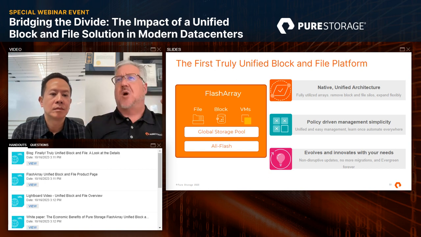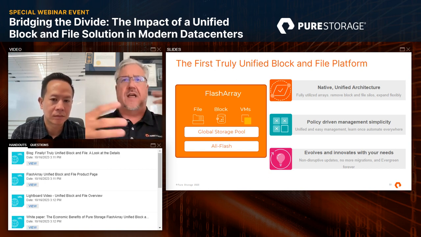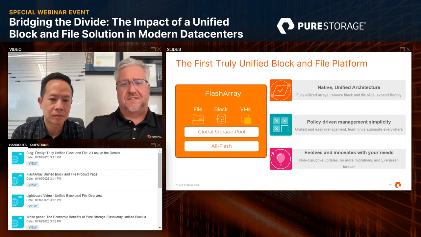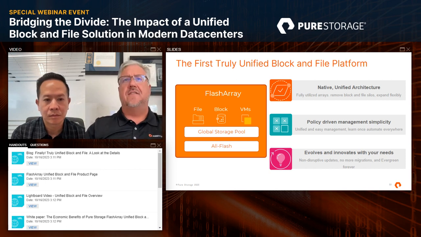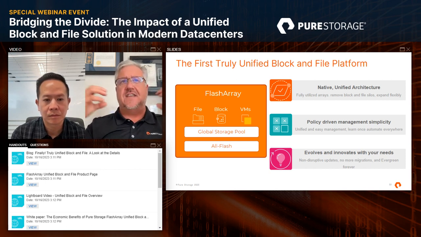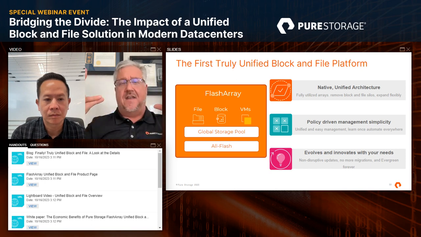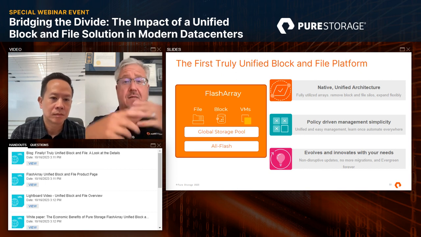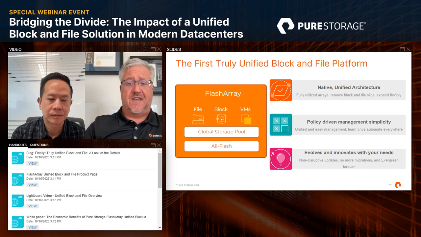And the best part is that our goal is if you can manage it on-prem, you can manage it in the cloud, all from the Pure ecosystem itself. So unified to us, to summarize real quickly, is the idea that block and file exist as equals on the storage array, and it's all provisioned from the same interface, and underneath of it, we share the same storage resources, the actual physical direct flash modules themselves.